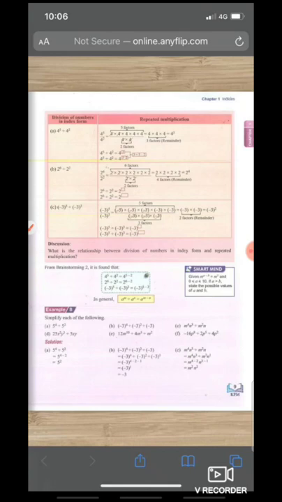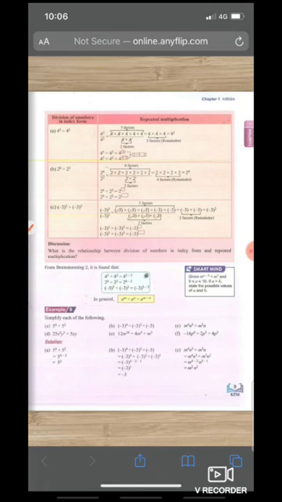If multiplication is a to the power of m times a to the power of n equals a to the power of m plus n, then division can be minus, if you notice. So division is also the same, but we have to change the technique.